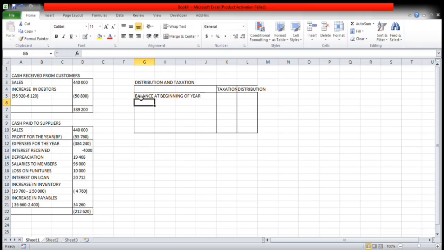So here we're going to have the amount reflected on the income statement. So here we're going to have the balance at end of here.